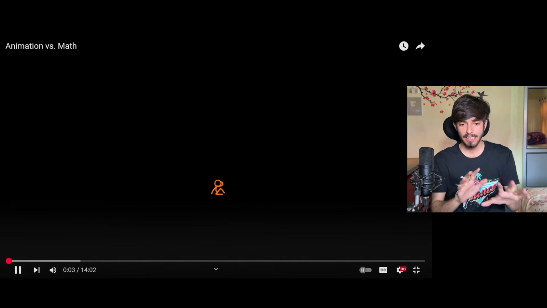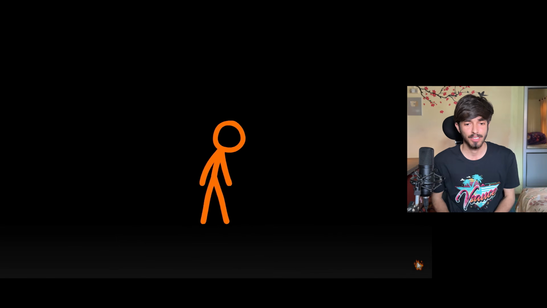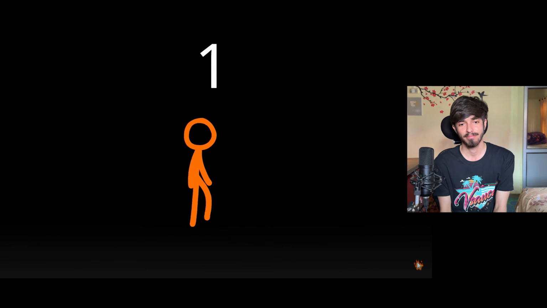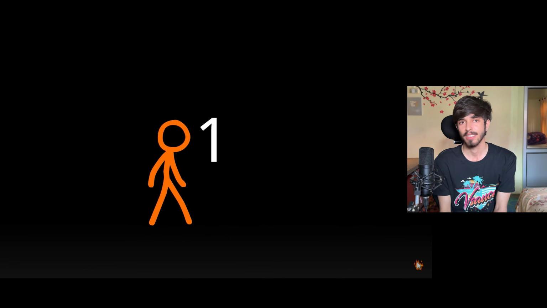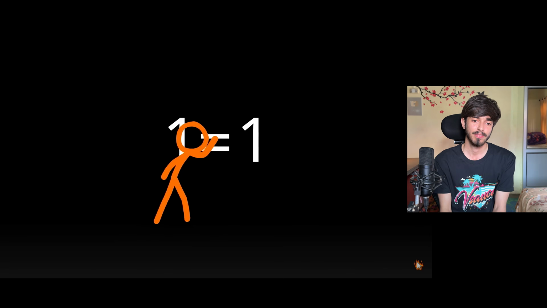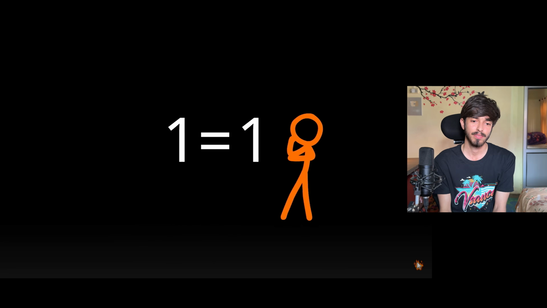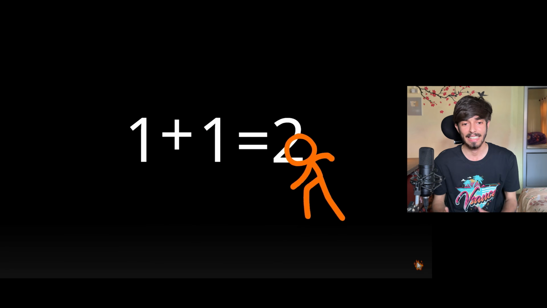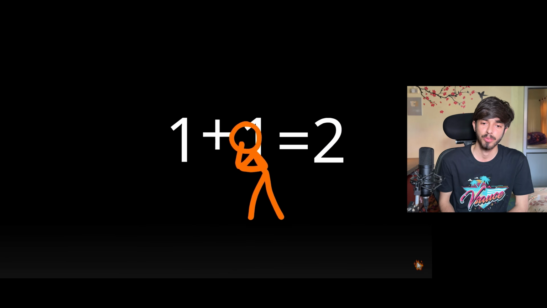Okay, so here's the stickman. This stickman is everywhere in his videos, so here's one from where counting starts. So yeah, they start with addition basically. 1 plus 1 is 2.